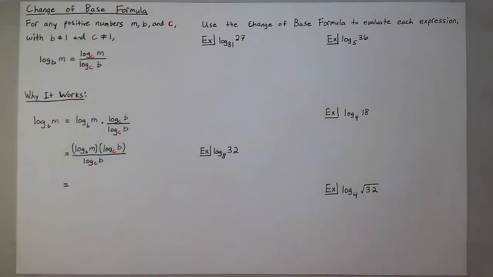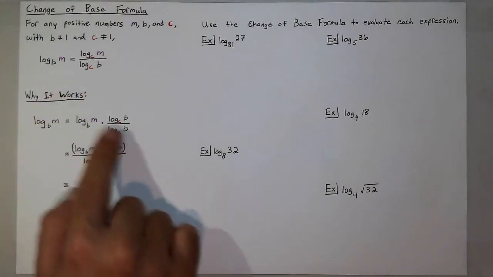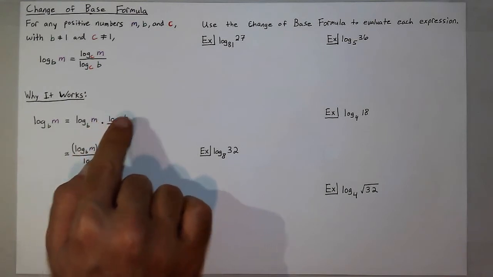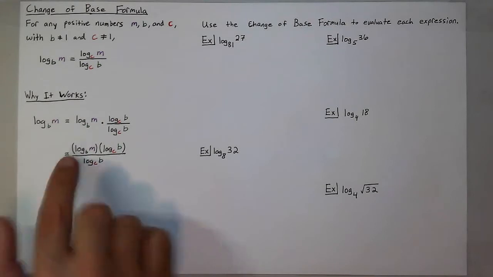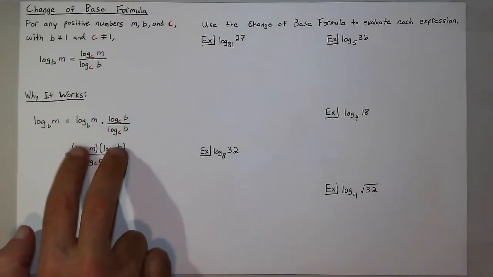Now, the reason why this works is if you were to take log base b of m and multiply it by 1, in this case 1 is represented by log base c of b over log base c of b. When multiplying together you'll get log base b of m times log base c of b. Now we have two things being multiplied.